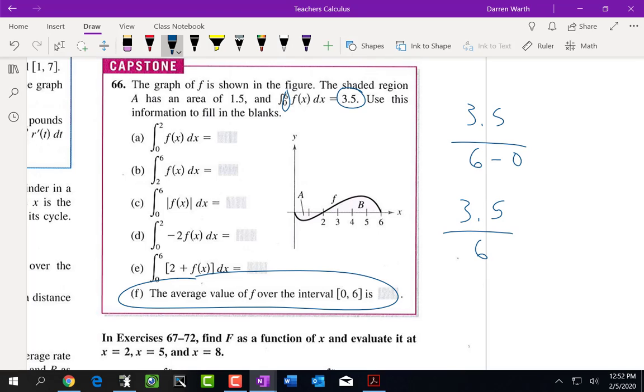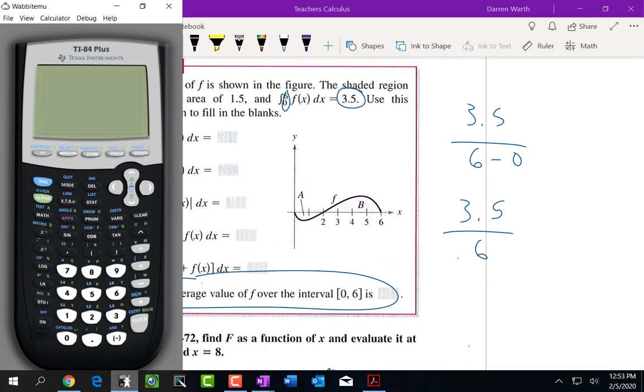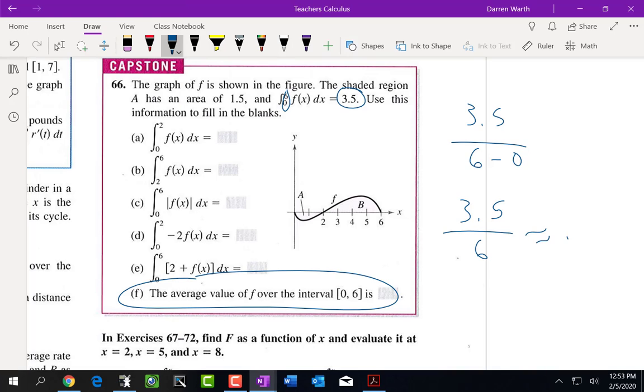When I take 3.5 divided by 6, that comes out to be 0.5833. Let me check my calculator real quick. So I got 3.5 divided by 6, which is 0.5833. So there's my answer, 0.5833.